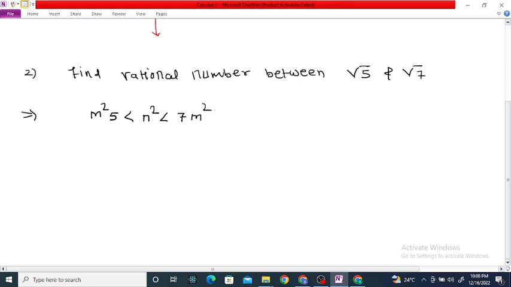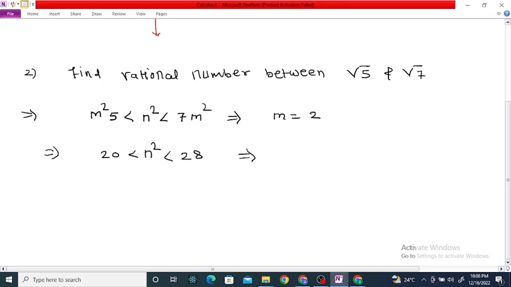If we take m = 2, then 4 × 5 = 20 < n² < 28.